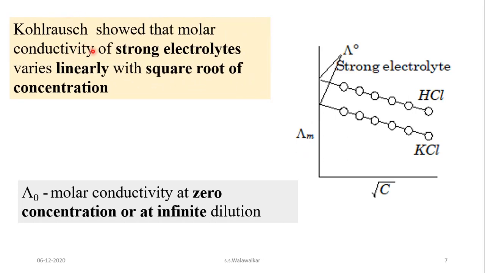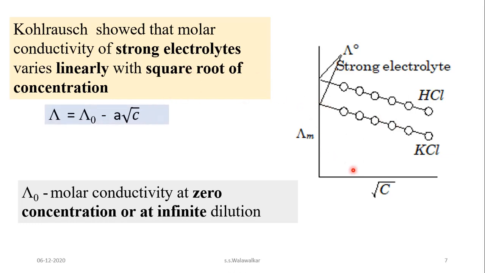And scientist Kohlrausch studied these graphs of different strong electrolytes, and he found that the molar conductivity of strong electrolytes varies linearly. This variation of molar conductivity with concentration, with dilution, is linear with square root of concentration.